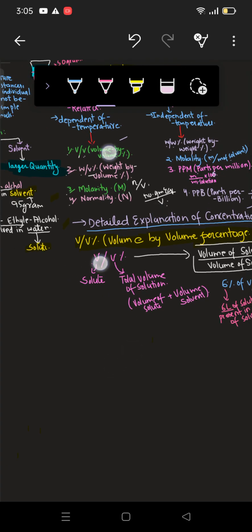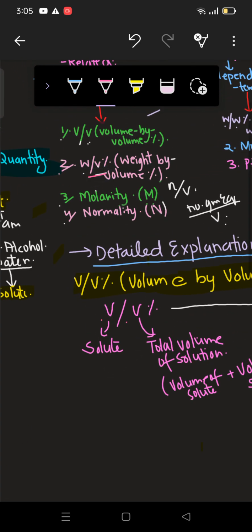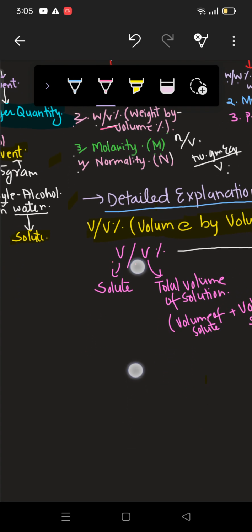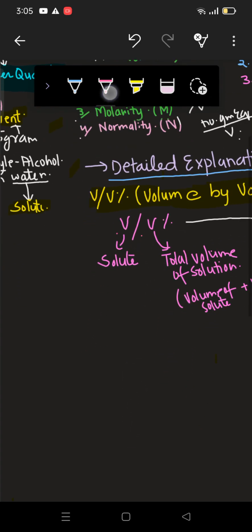Now let's discuss the second concentration term of volume related, of course, weight by volume percentage.